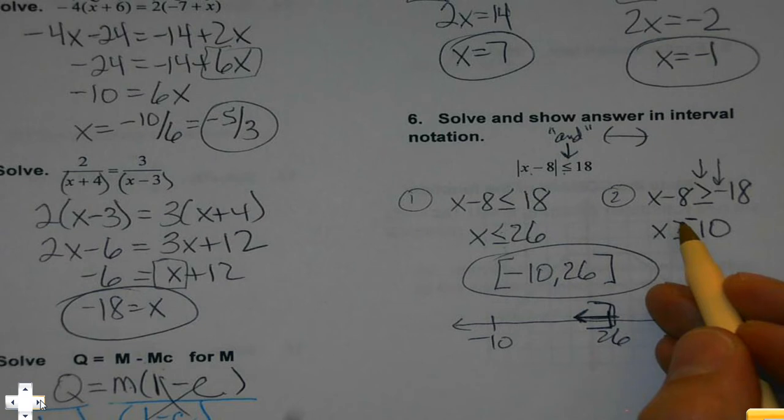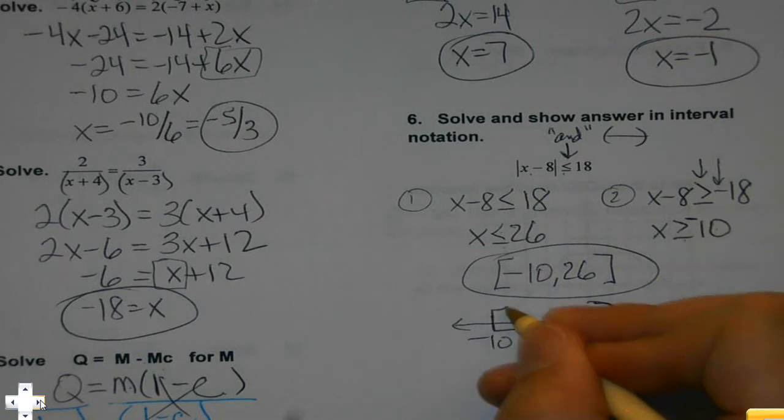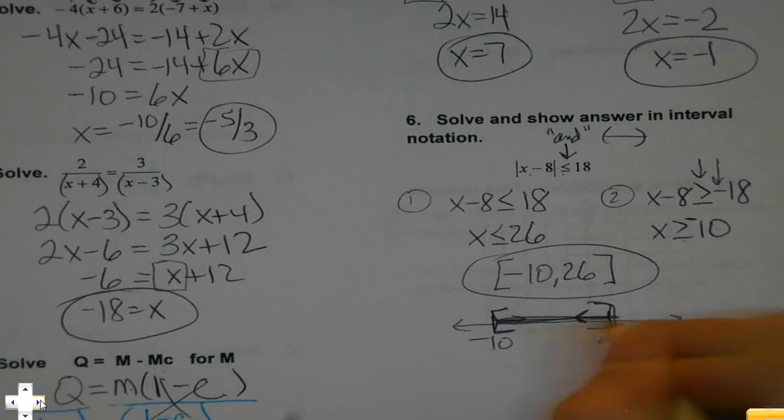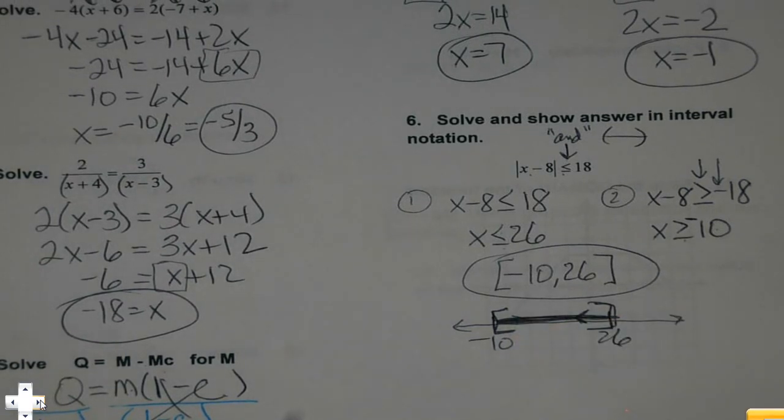X is greater than, going to the right, or equal to, bracket, at -10. And then I'd have a picture to look at. Left to right, -10 to 26. And I'd have the answer that way as well. So a lot of connections here when I give myself the opportunity to make them. And again, you'll have multiple choice, so it'll help you a little bit in trying to think through that.